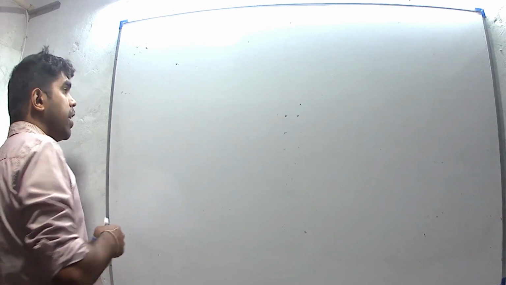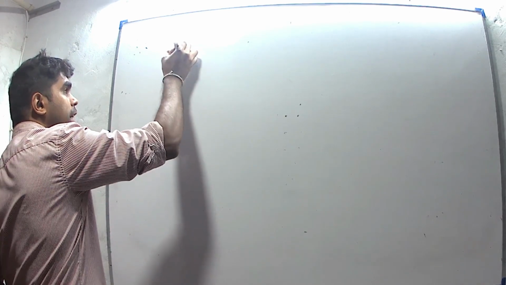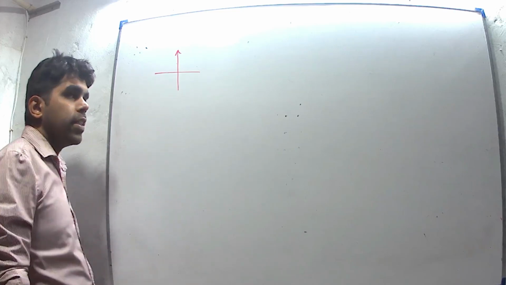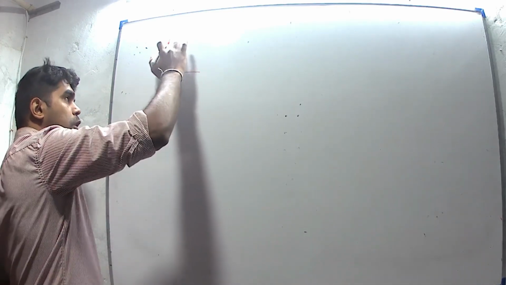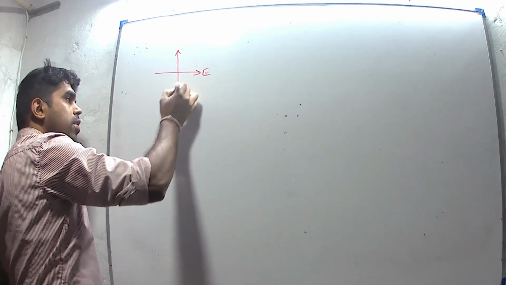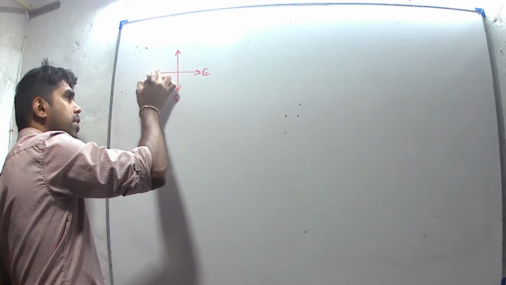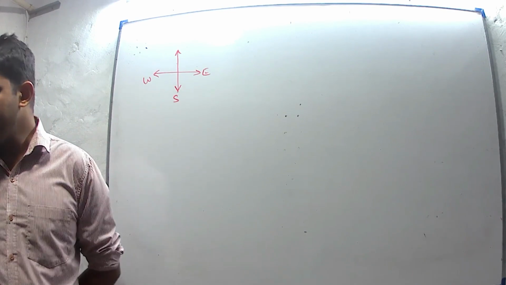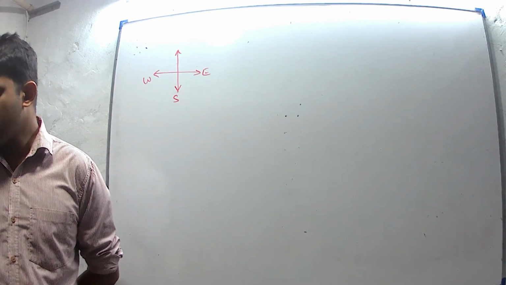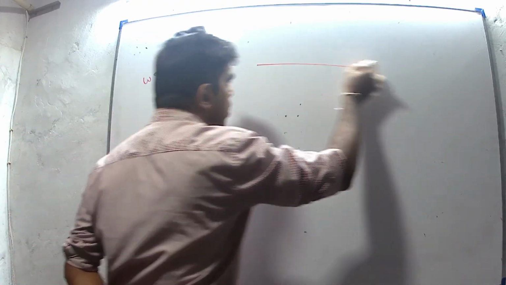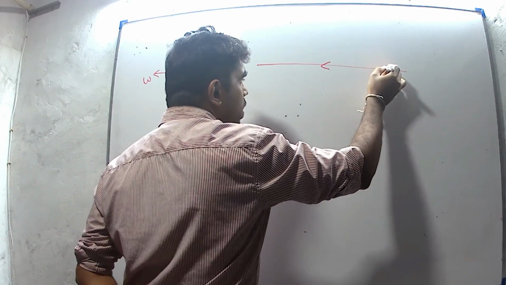Normally we consider north as the upward direction, then east, south, west. Now the jet is moving from east to west. It means its path is like this, east to west.